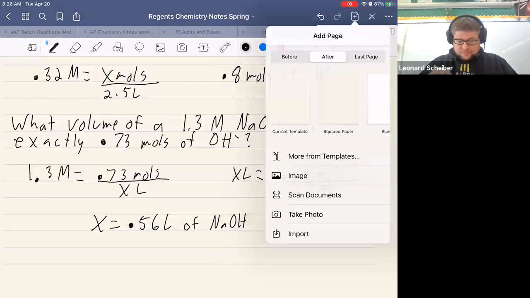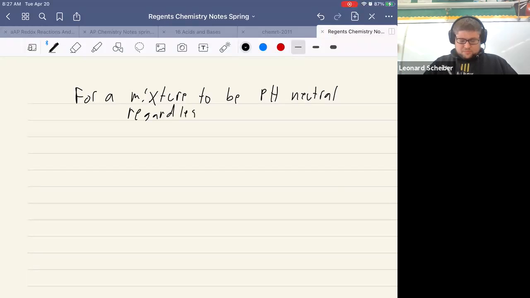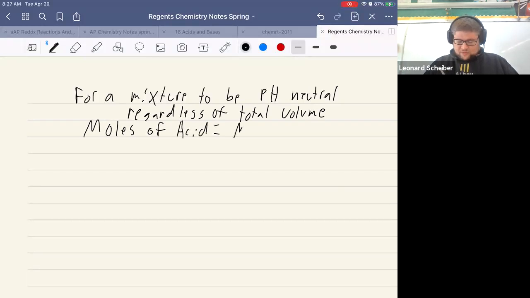Now, for a mixture to be pH neutral, right? Regardless of the total volume, the moles of acid have to equal the moles of base.